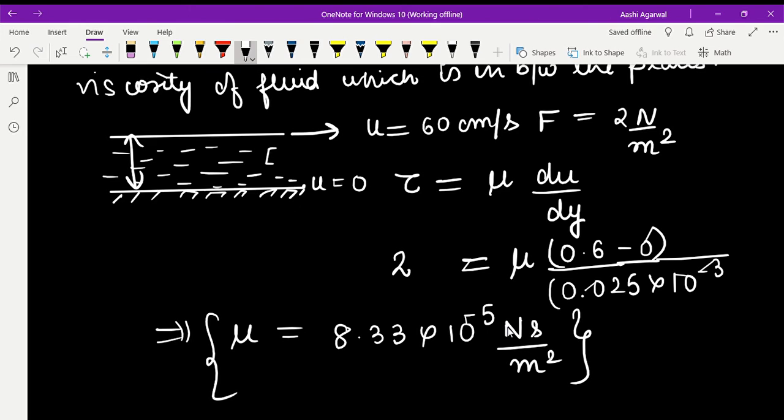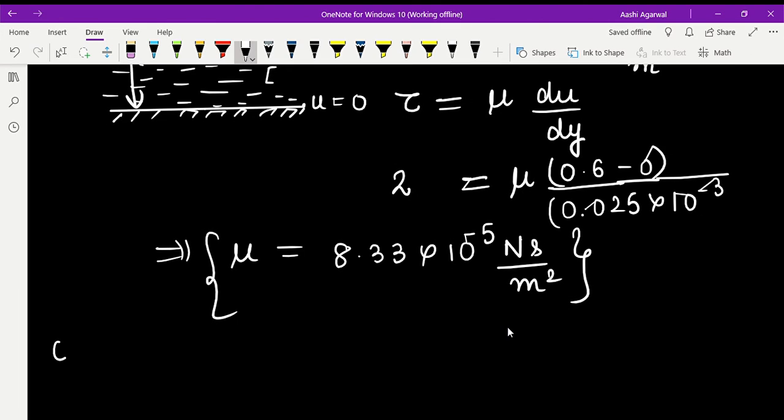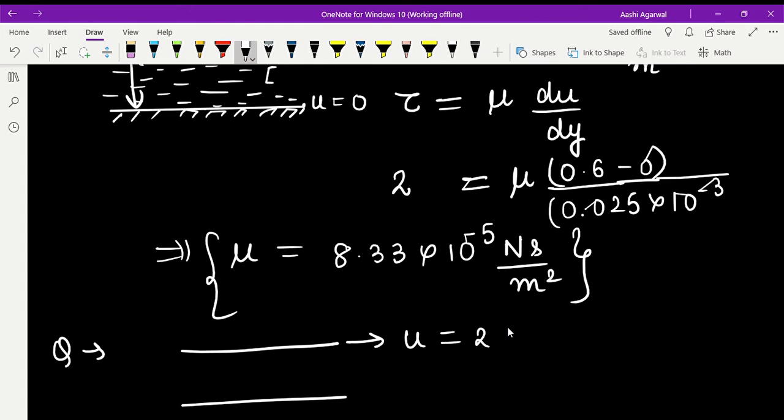Now a similar type of question I will be giving you and then you can try it out. So the question that is given to you is, there are two horizontal plates and the top plate is moving with a velocity of 2.5 meter per second.